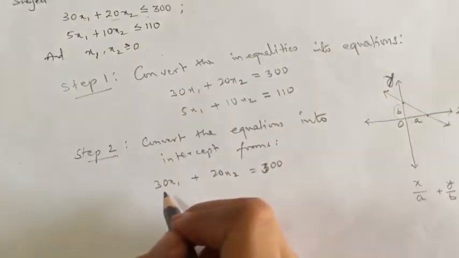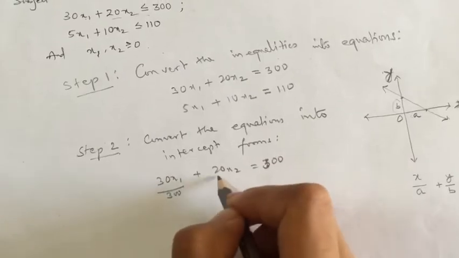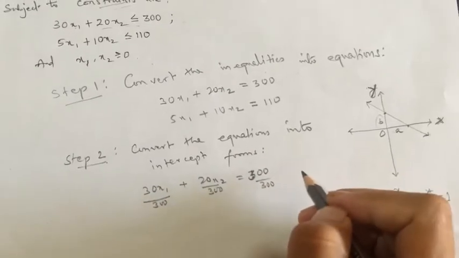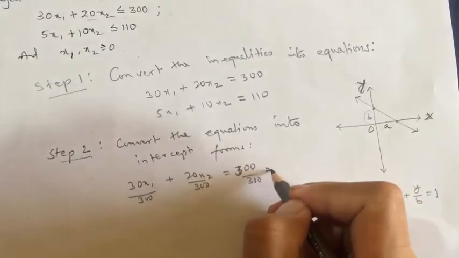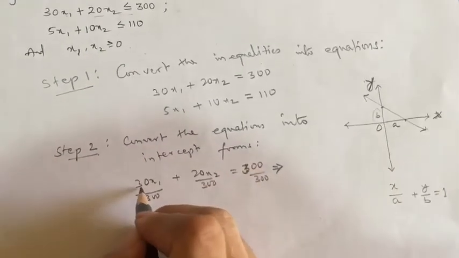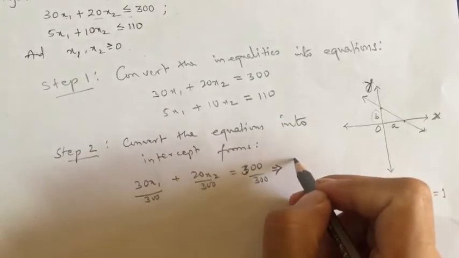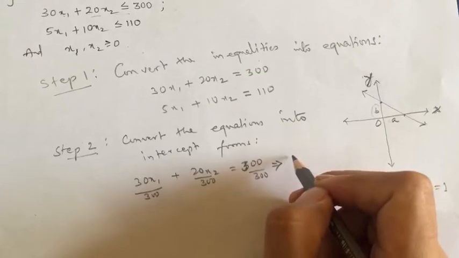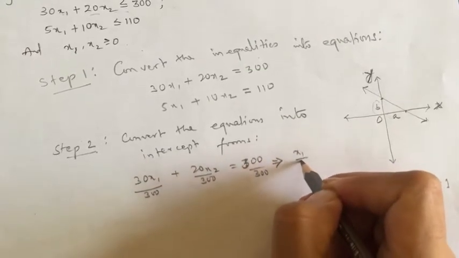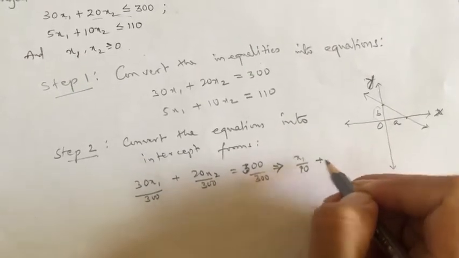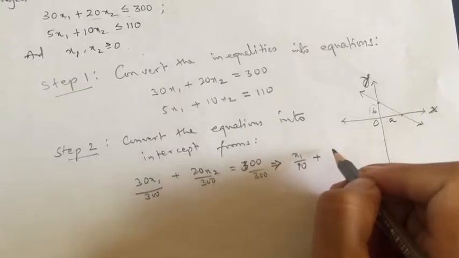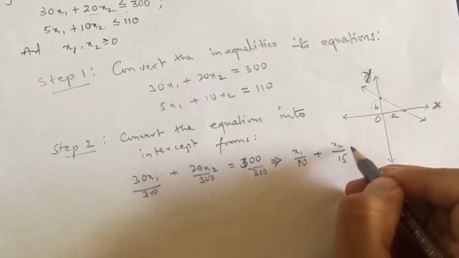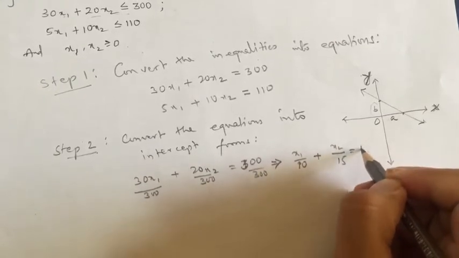If we divide the whole equation by 300, we get x1 by 10, since 30 into 10 is 300, plus x2 by 15, similarly 20 by 300, equals 300 by 300, which is 1.